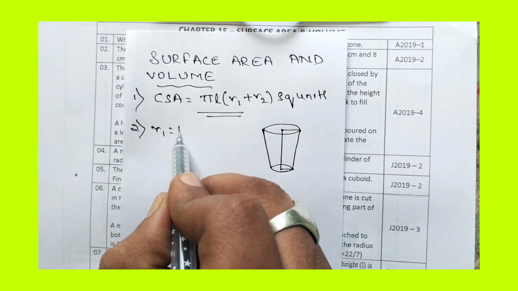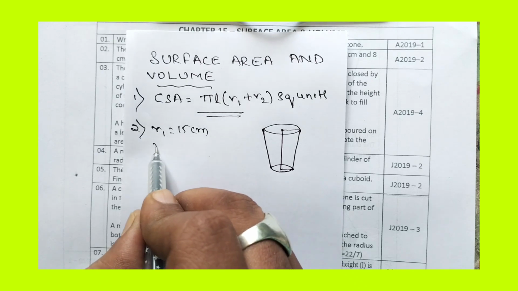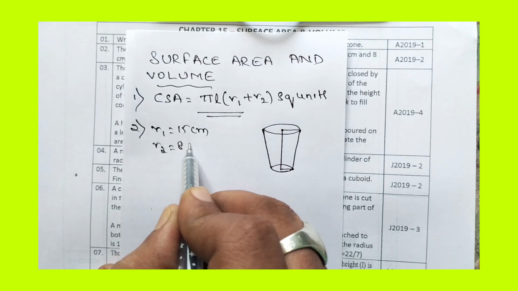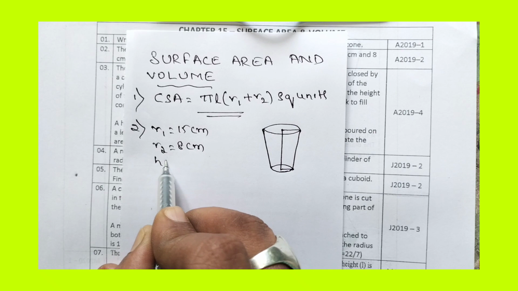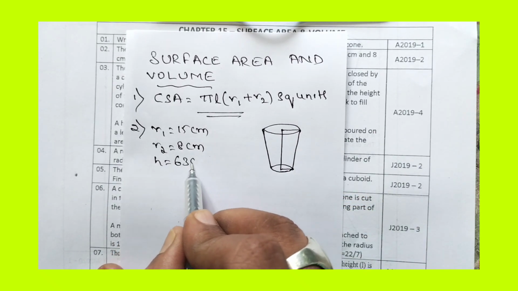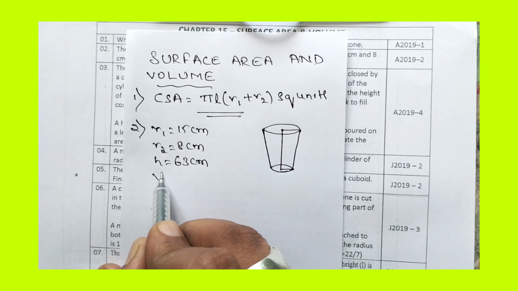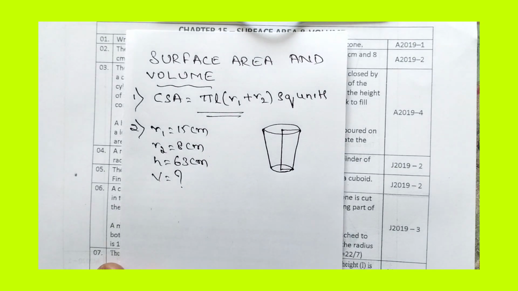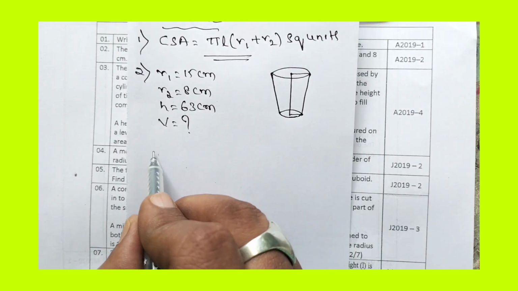R1 is equal to 15 centimeter, R2 is equal to 8 centimeter, and height, that is depth, is nothing but height, which is equal to 63 centimeter. We have to find out the volume of the frustum of a cone.